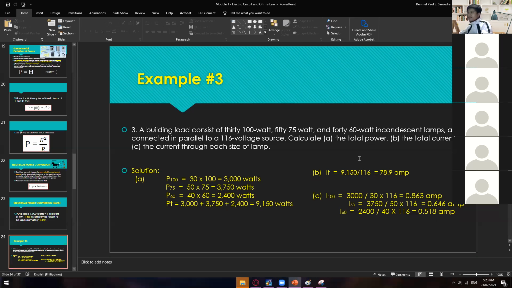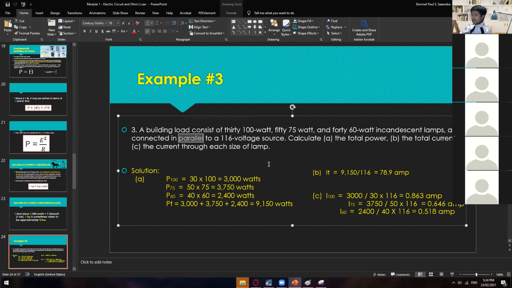All right then. So the last one here is the current through each size of lamp. As you can see right here, you need to get the individual current on each node. Let's say node A, node B, and then node C. They are connected in parallel, so you have to get the individual amperes. Of course, when we say individual currents, we also need to get the individual power.